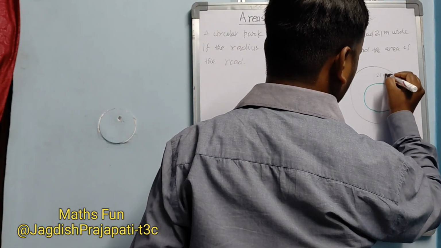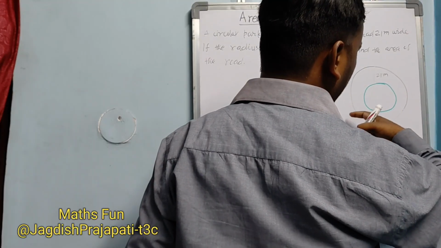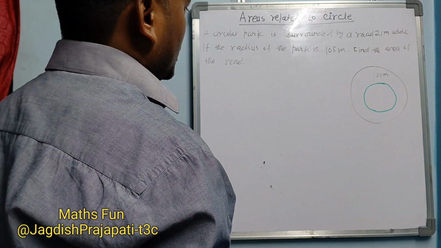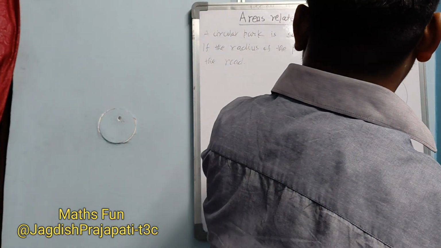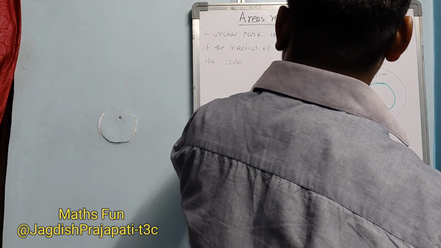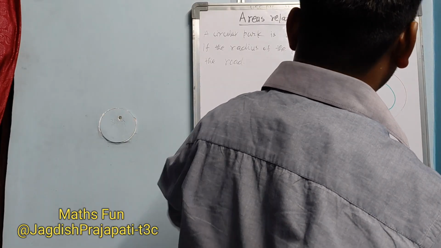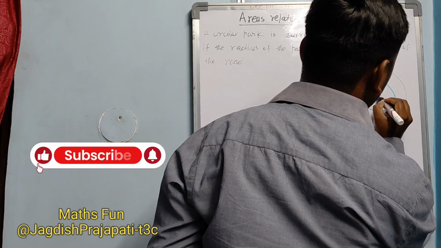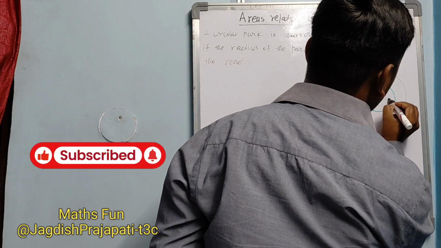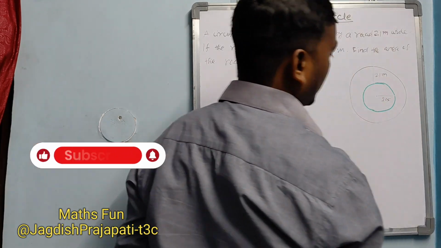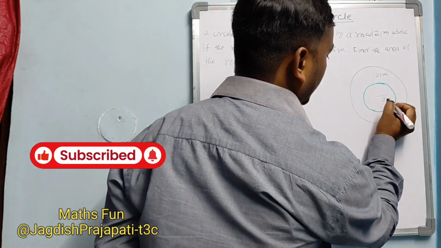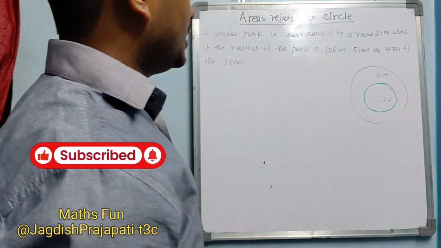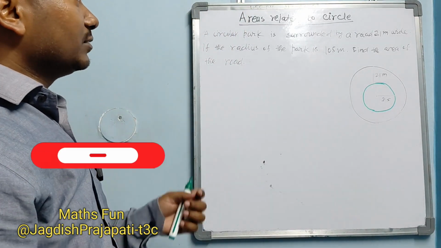So everywhere this is 21 meters, this is also 21 meters, this is also. If the radius of the park is 105 meters, so if we draw a center here, this length, the radius of the park, is 105 meters. Then find the area of the road.